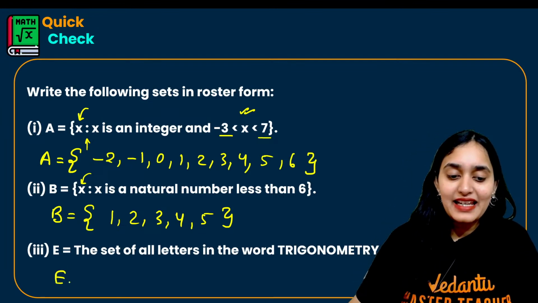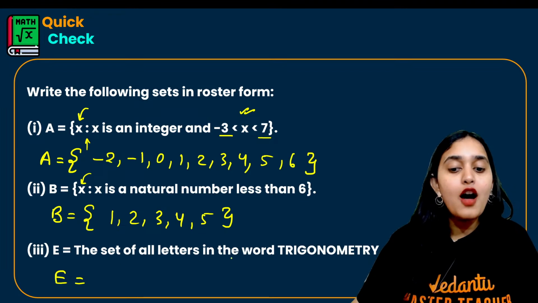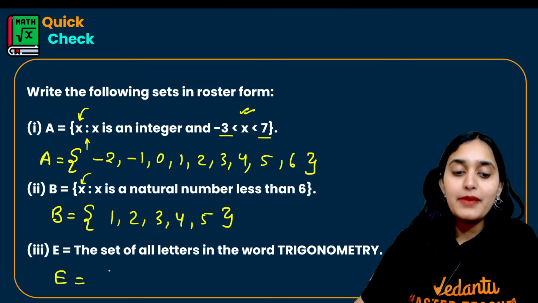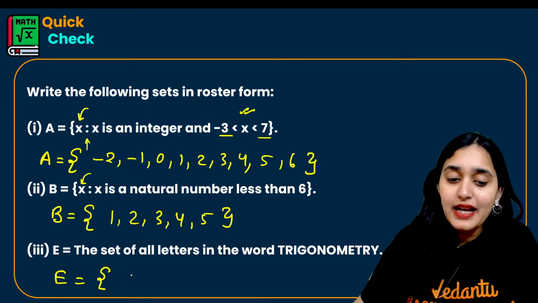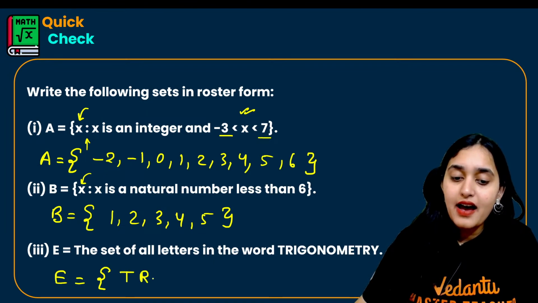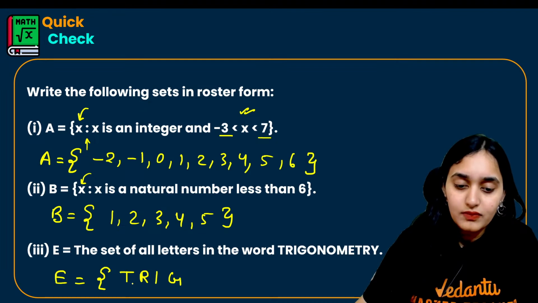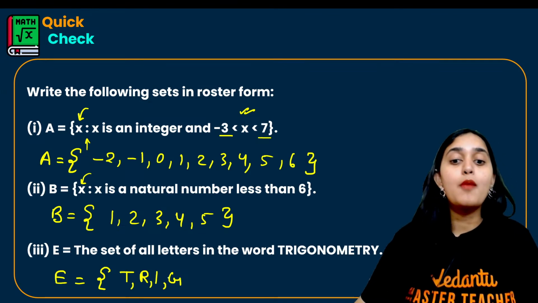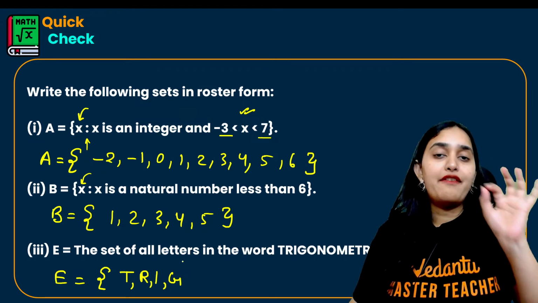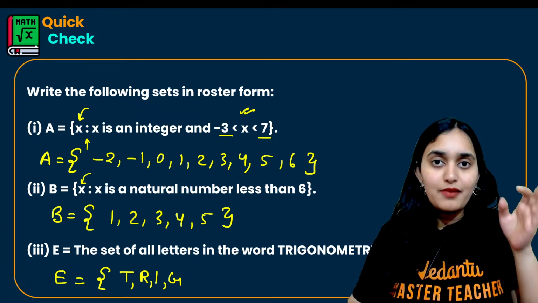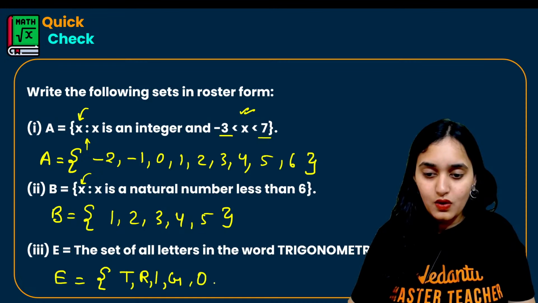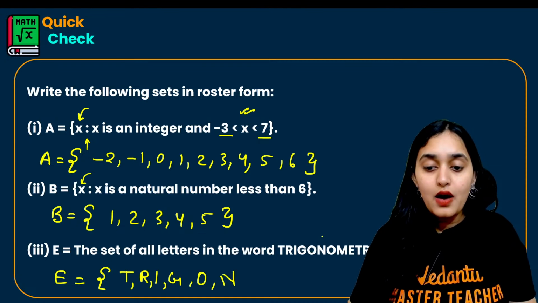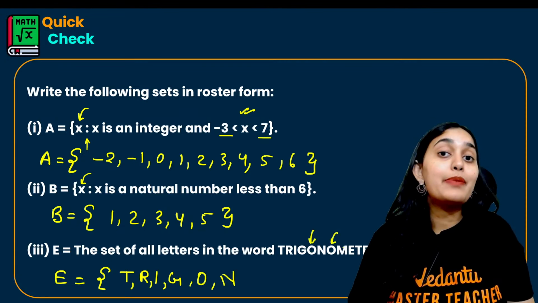Next, set E, the set of all letters in the word trigonometry. So, trigonometry has how many letters? It has T, R, I, G, separated with a comma. Please remember, every element should be separated by a comma. O, N. Now, O and O are repeating.